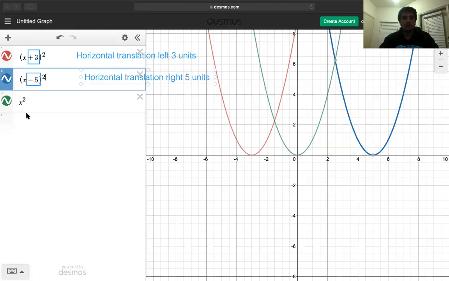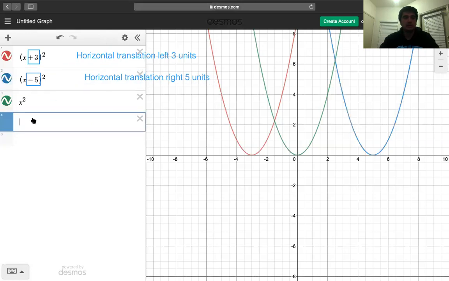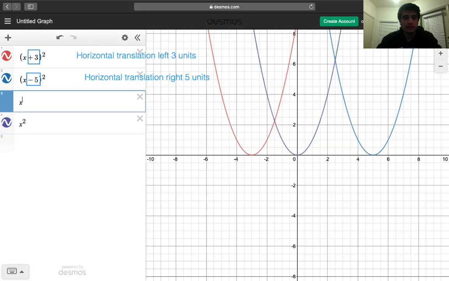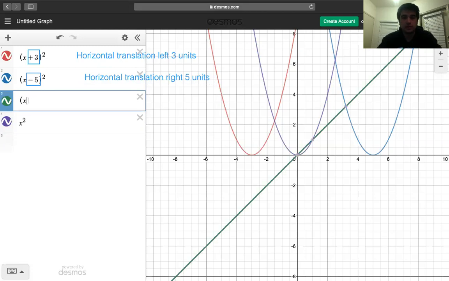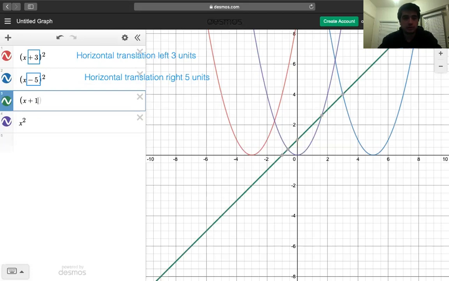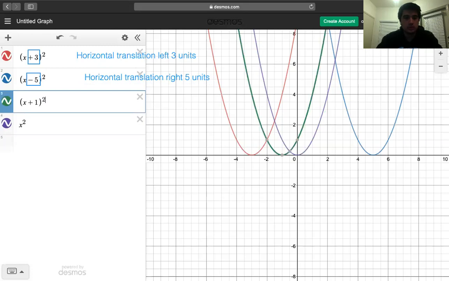So again, let's look at another example. Let's make my parent x squared, right? And let's change this one to, let's say, (x + 1) squared, okay? So again, the purple is the parent function, right?